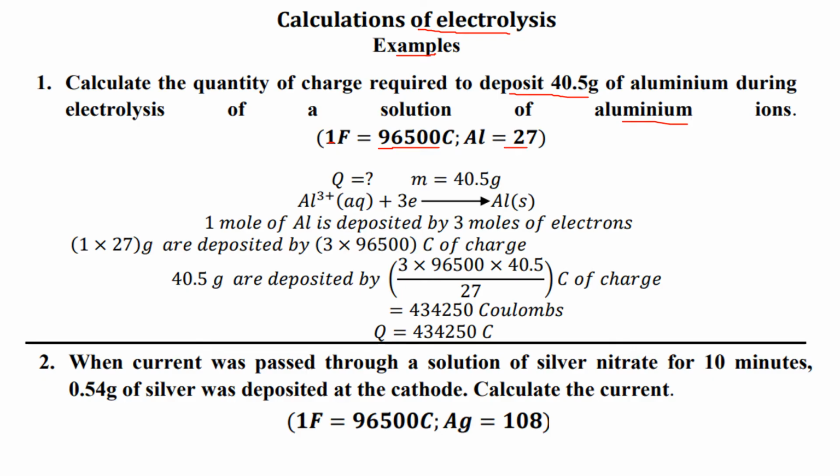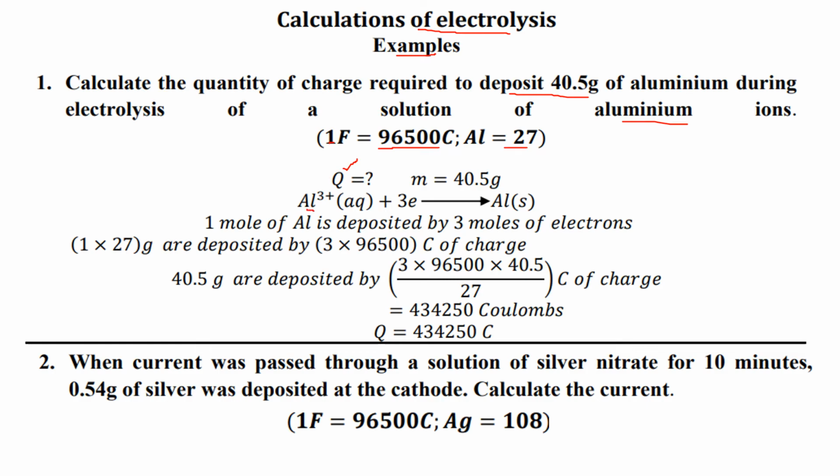So summarizing that, we don't have our charge or the quantity of electricity, and the mass of the compound to be electrolyzed is 40.5 grams. First of all, we have to write our equation to indicate the discharge of the aluminium ion forming aluminium.